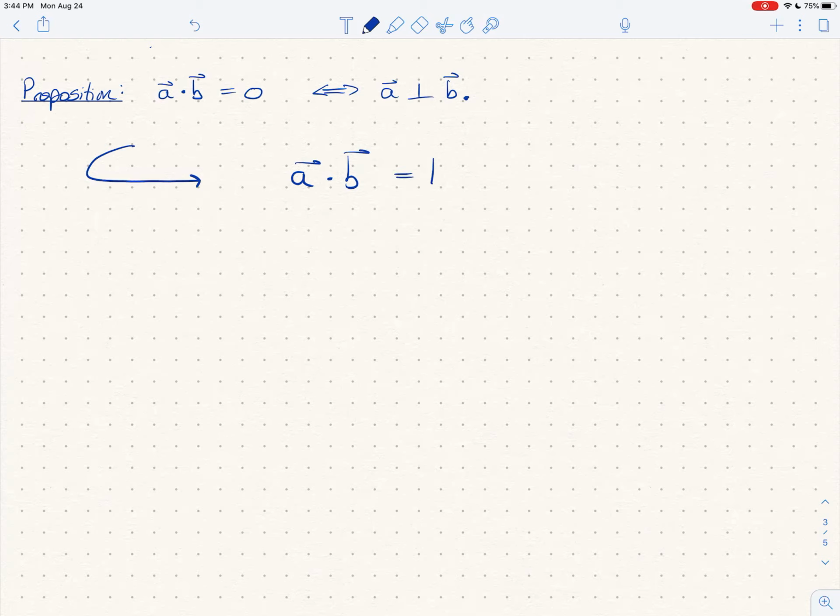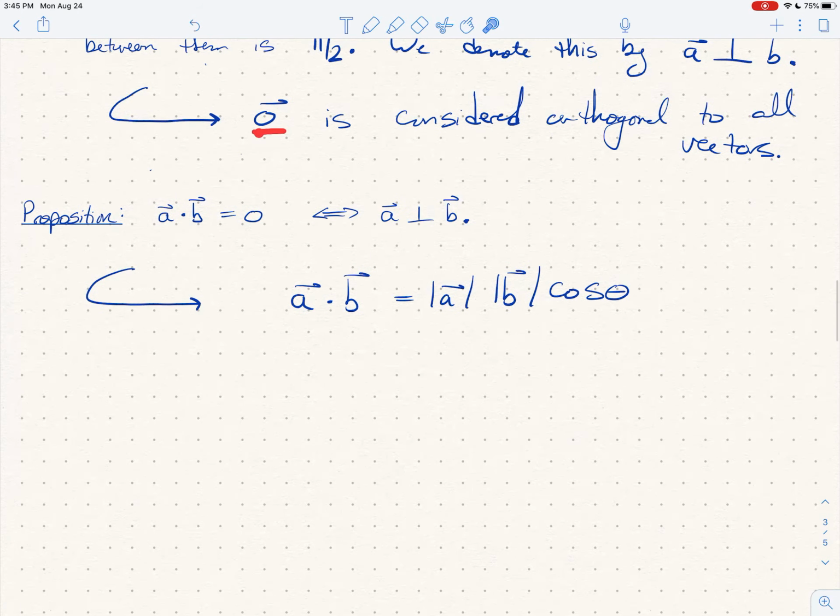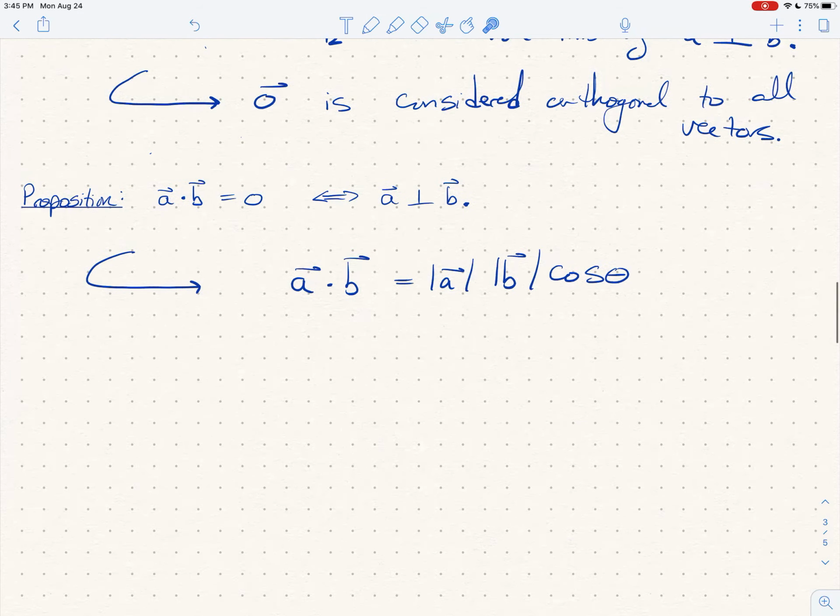It follows from the formula that we just learned. A dot B is length A, length B, cosine theta. Let's assume that the dot product is 0. If either A or B is 0, then we consider 0 orthogonal to all vectors, so this is trivial.